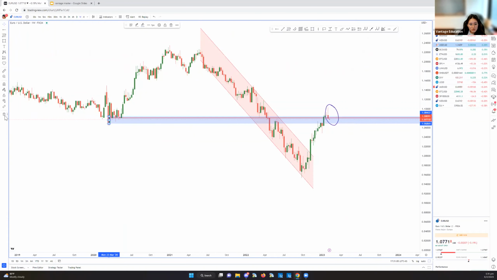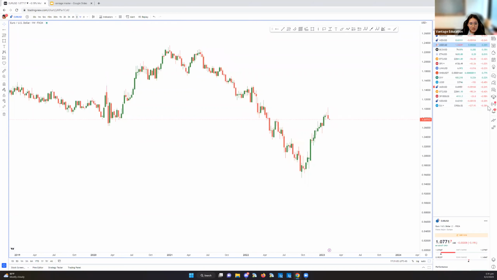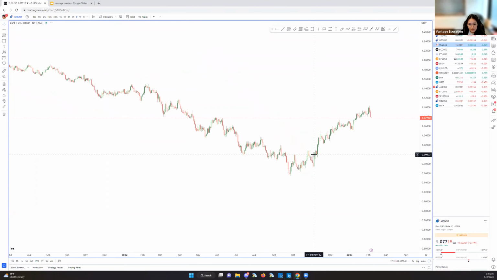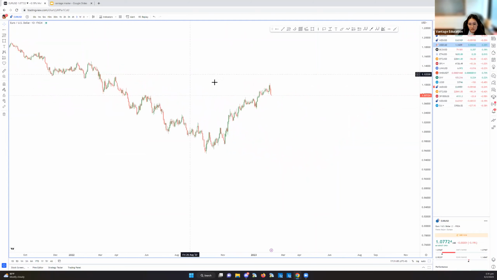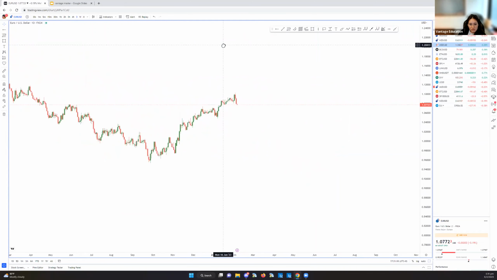So let's go ahead and zoom in to our daily time frame. Similarly, we can see price breaking out of the channel. Now let's zoom into our 4-hour time frame.